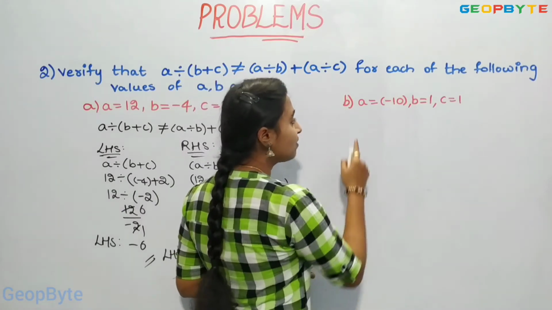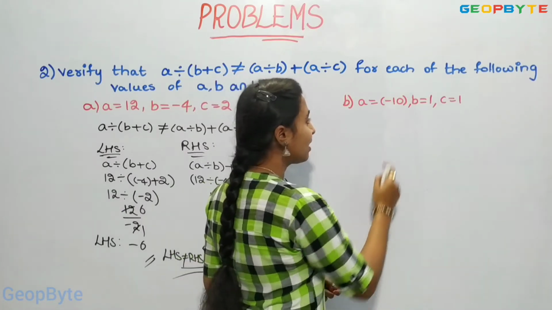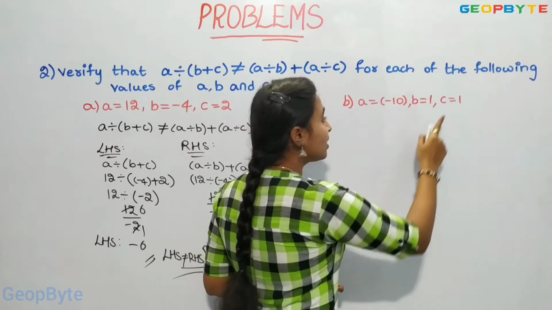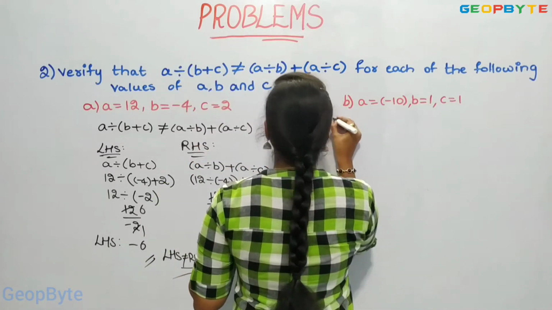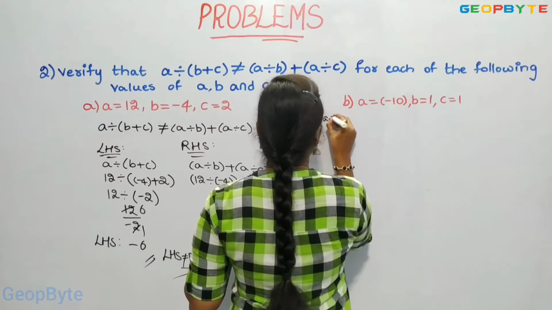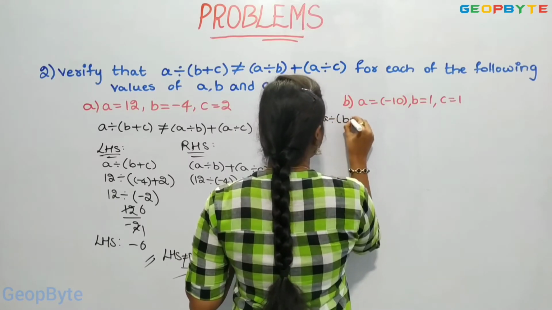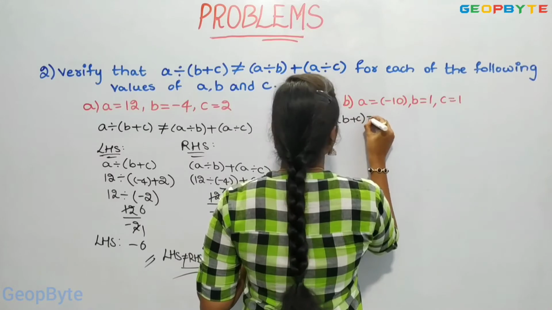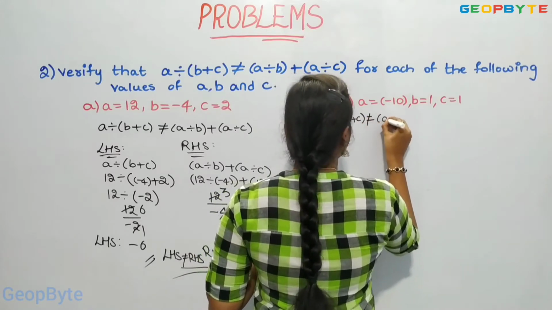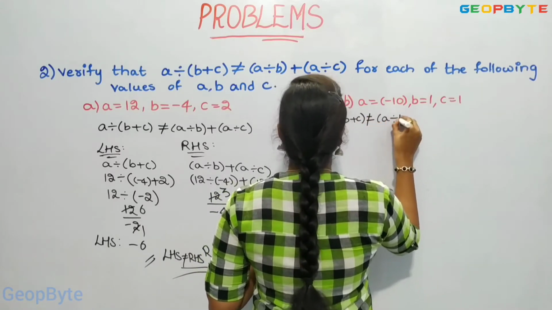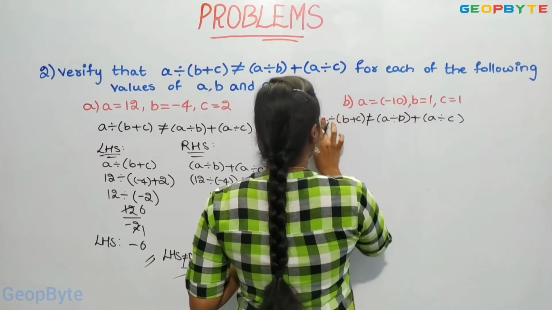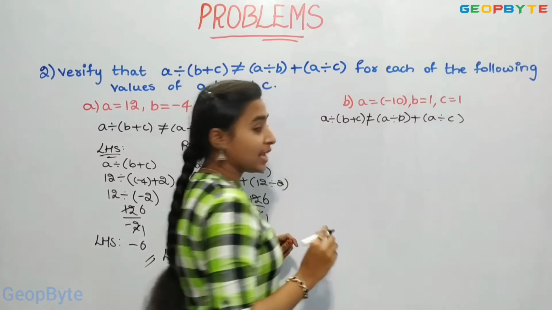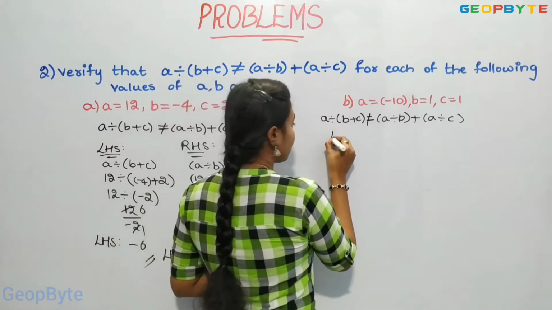Now we will verify in the B bit. That is, we have A is equal to minus 10, B is equal to 1, C is equal to 1. Let us take this condition. A divided by B plus C is not equal to A divided by B plus A divided by C. Let us consider the LHS condition.